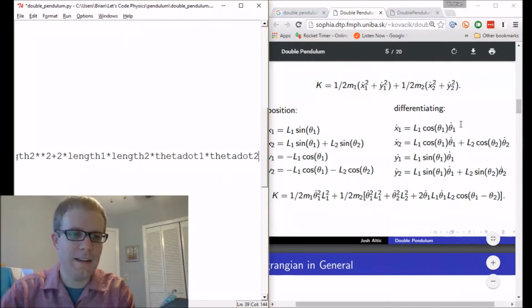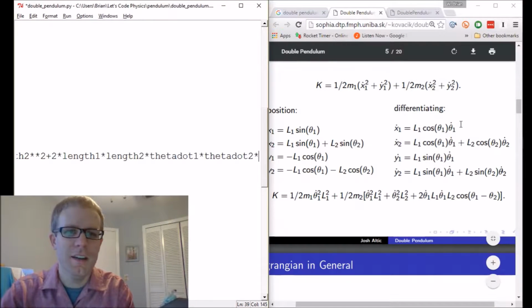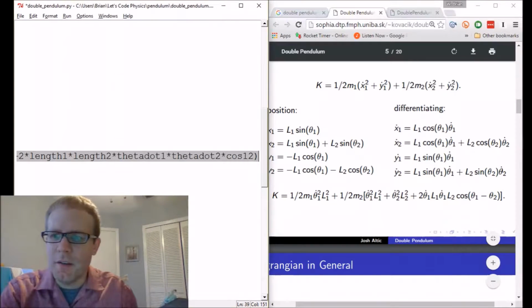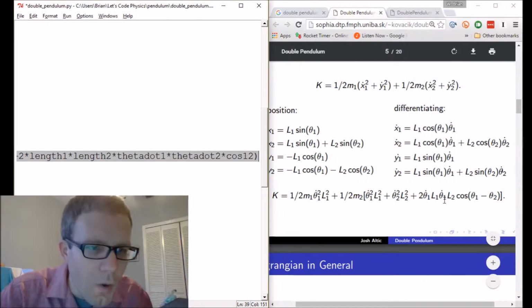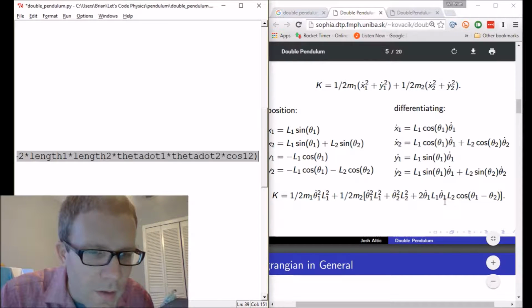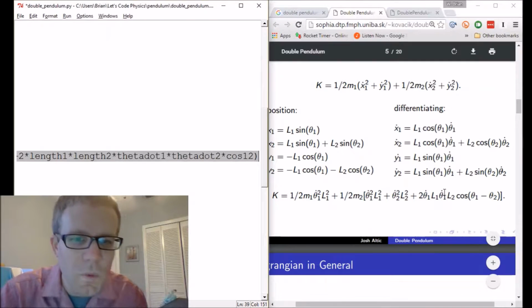I'm rearranging it in an order that makes sense to me. Times cosine 1, 2. Close up that parentheses. Alright, so I've got a plus 2 length 1, length 2. Oh, there's a typo. That should be, if I'm not mistaken, a theta dot 2.